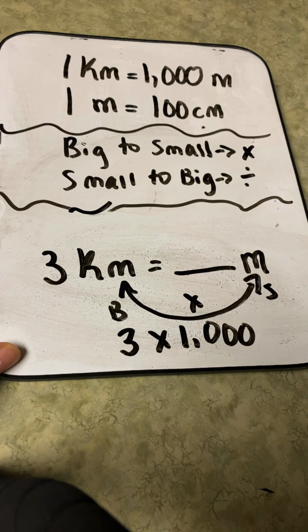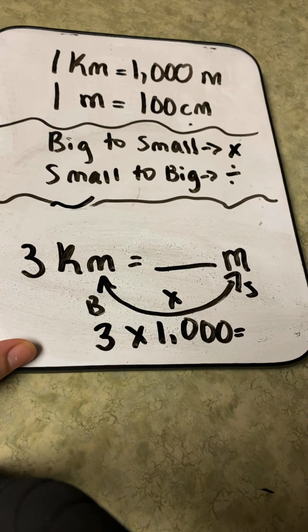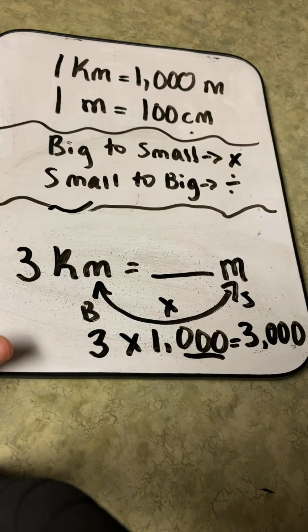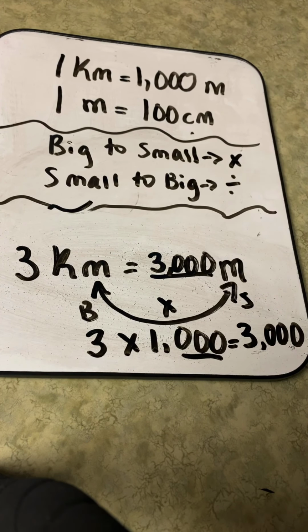Okay? And again, powers of 10 strategy, since we're multiplying, we're going to add the amount of zeros that we're multiplying by. So 1,000 has 3 zeros, so we're adding 3 zeros at the end. Okay, so 3 kilometers equals 3,000 meters.